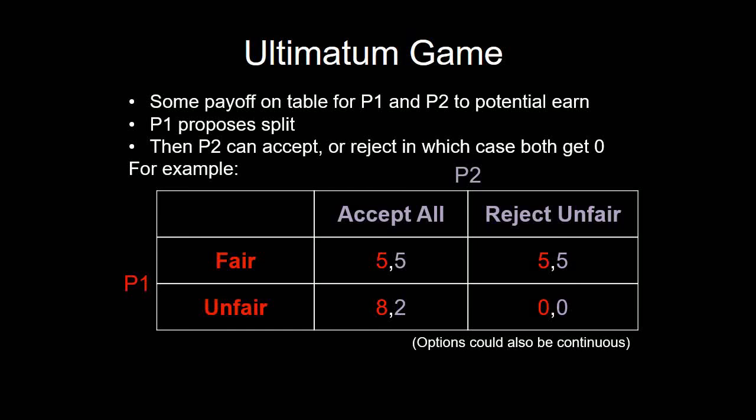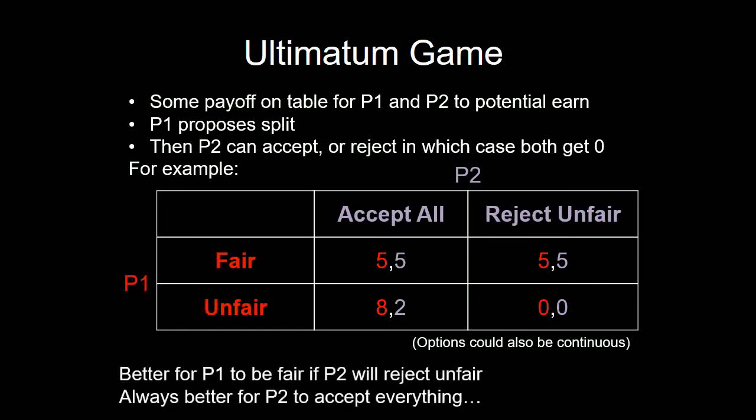And so now if you look at the payoff structure, it again has this flavor where, for player 1, if player 2 is going to accept anything, then it's better for player 1 to be unfair than fair. But if player 2 is going to reject unfair offers, it's better for player 1 to be fair than unfair.